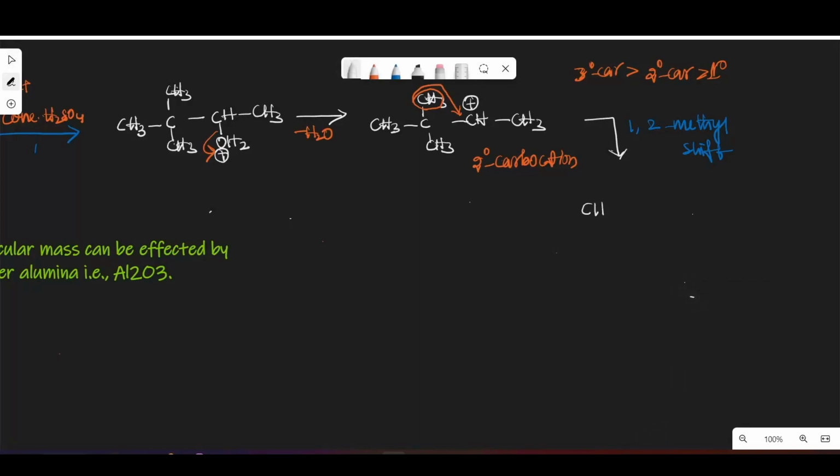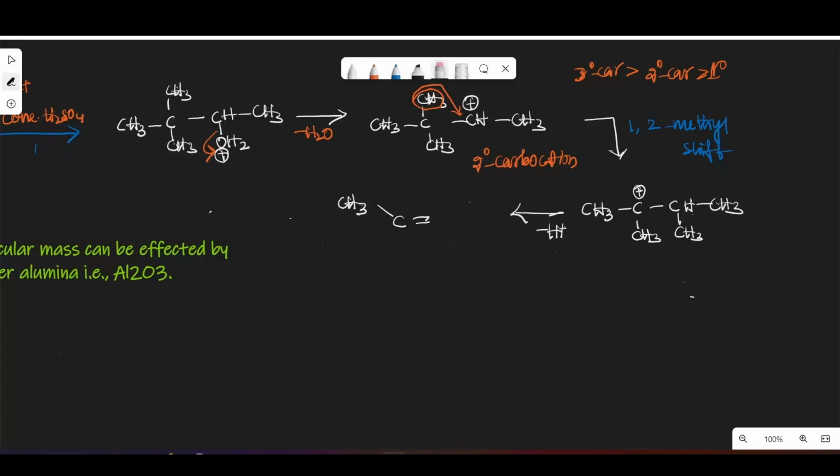So we will get the product CH3 C positive CH3 C. Here this methyl group will be here, CH3. Then after simply removing the hydrogen, we will get the alkene as a product, CH3 C double bond CH.